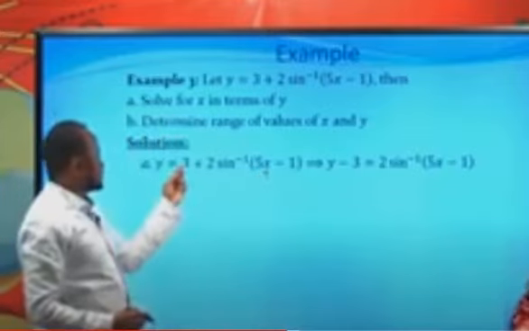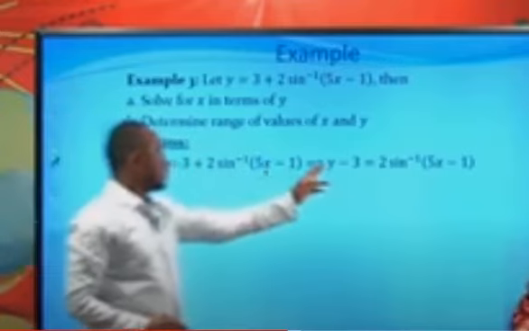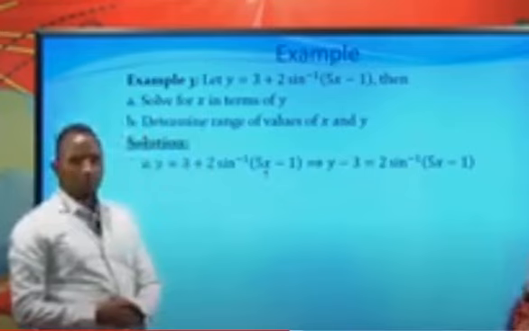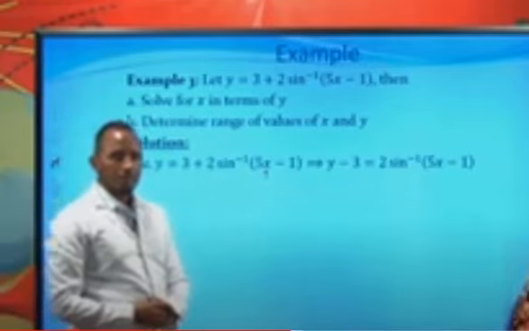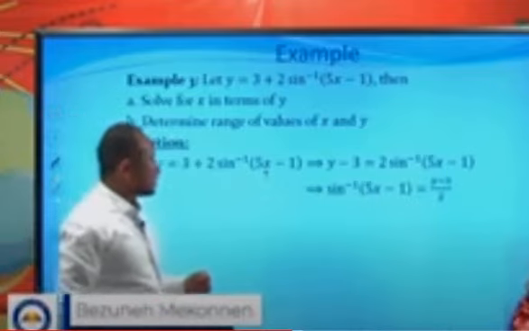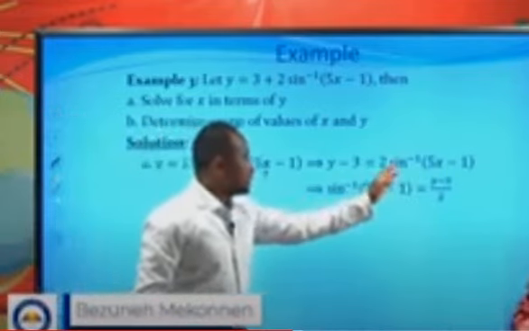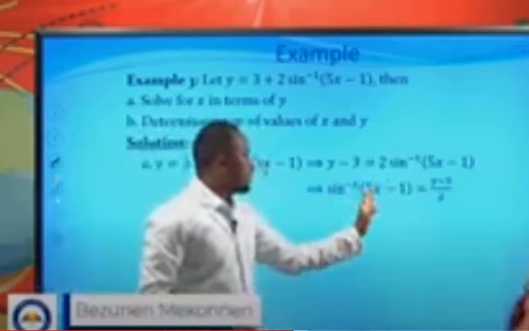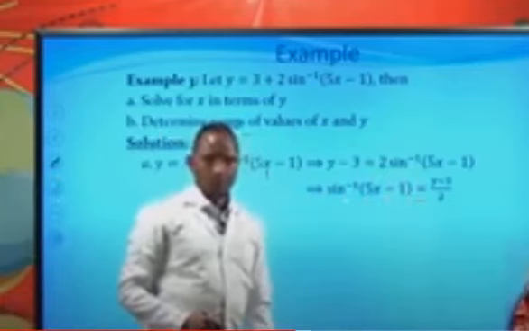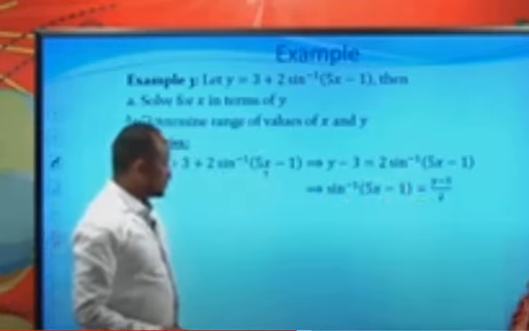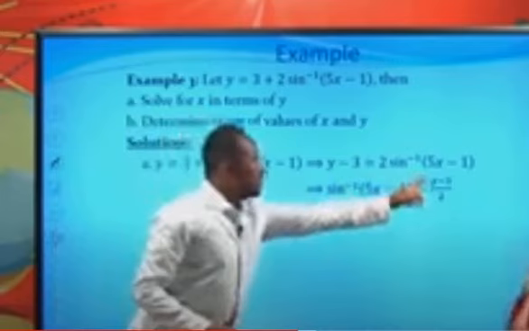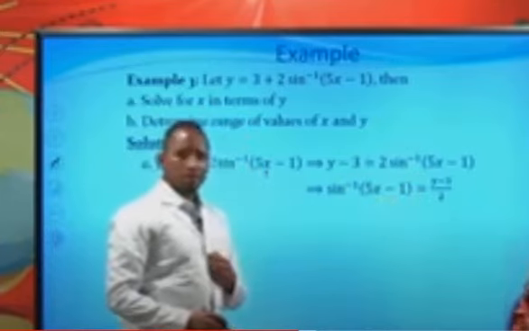To solve this, first take the 3 to this side. You have y minus 3 is equal to 2 sine inverse of 5x minus 1, and then divide by 2. Sine inverse of 5x minus 1 gives you y minus 3 over 2. If you remember, sine inverse of x equal to y means sine y gives you x. So sine of y minus 3 over 2 gives you 5x minus 1.